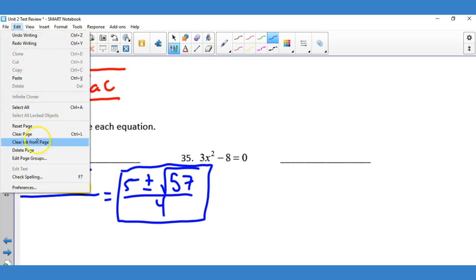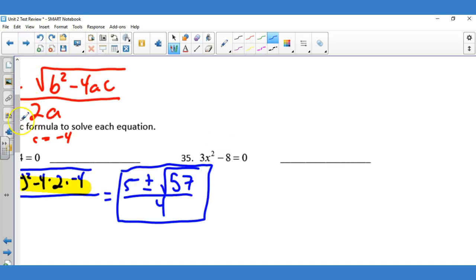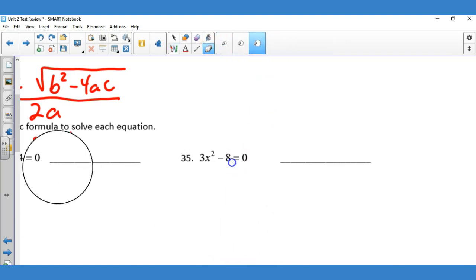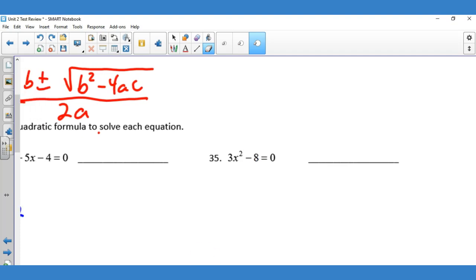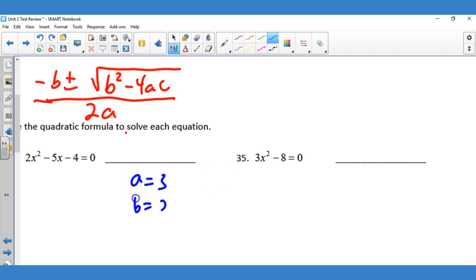For this problem, let's see here. I'm just going to erase my quadratic formula. There we go. For this problem, we got A is 3, B is 0.